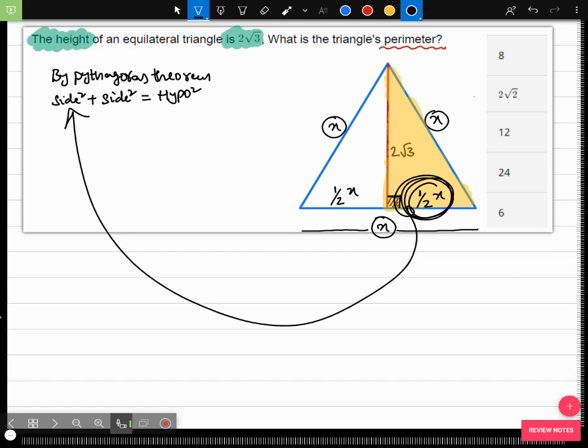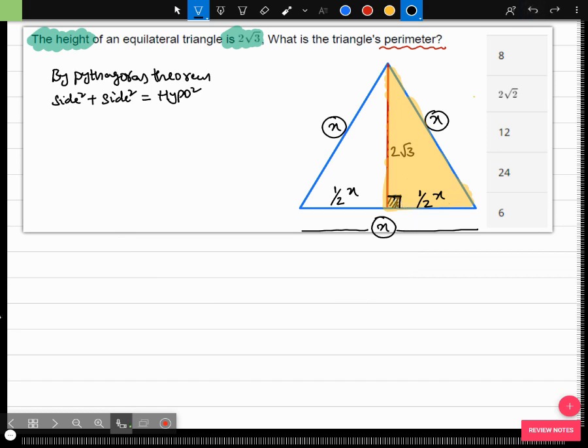One of the sides is half X squared, plus the other side, 2 root 3 squared. What is the hypotenuse? You see that it is X. Therefore, this is going to be X squared.